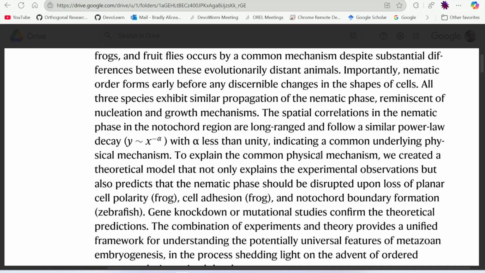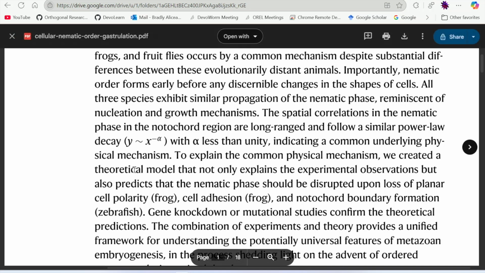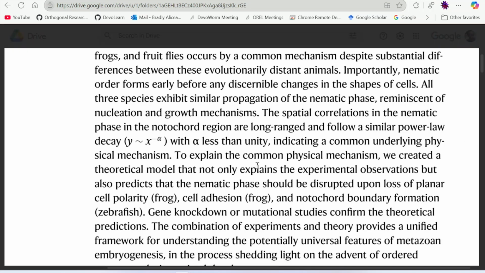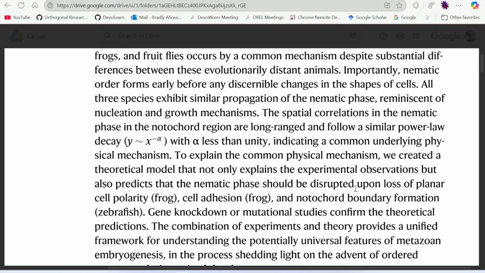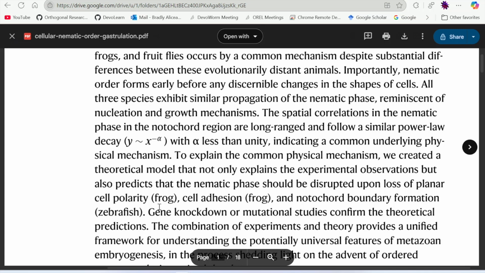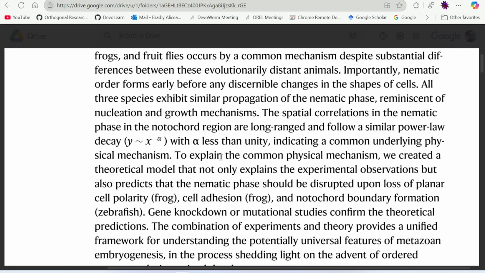To explain the common physical mechanism, we created a theoretical model that not only explains the experimental observations, but also predicts that the nematic phase should be disrupted upon loss of planar cell polarity, which you see in the frog. You also see cell adhesion in the frog, and the notochord boundary formation in zebrafish. So let's go back to this. This is where they're trying to figure out the common physical mechanism.